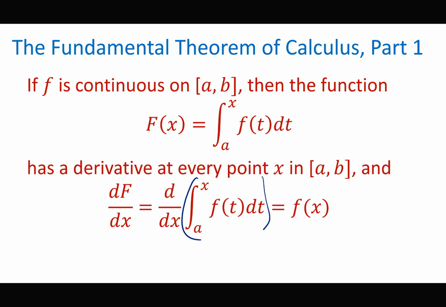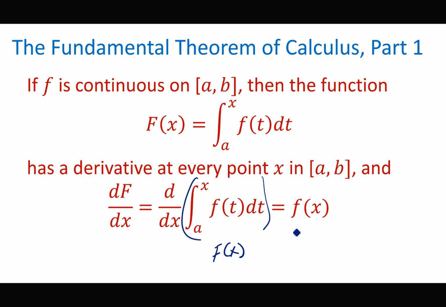And we already know to evaluate an integral, we can use an antiderivative. And so that's why it's saying these first two pieces are the same. Because this, in parentheses, is really capital F of x. So those first two pieces, the derivative of F with respect to x, is exactly what it's saying here, d dx of F of x.